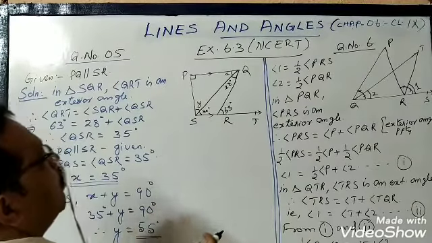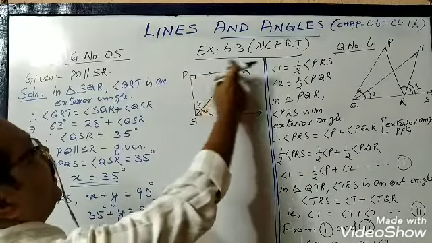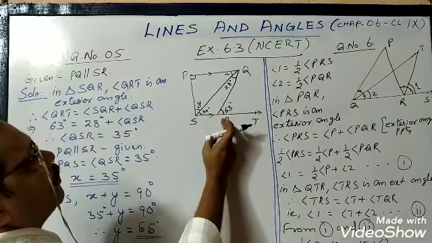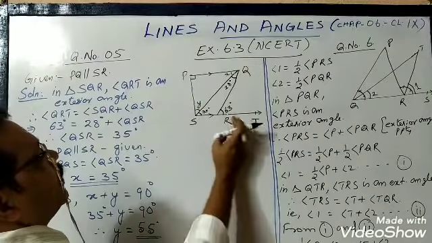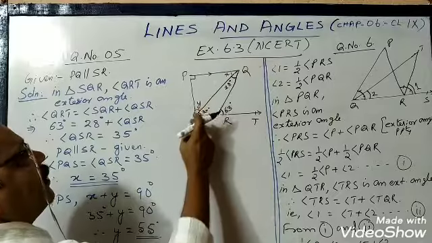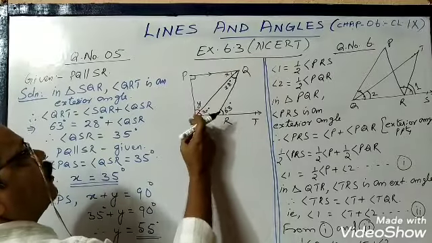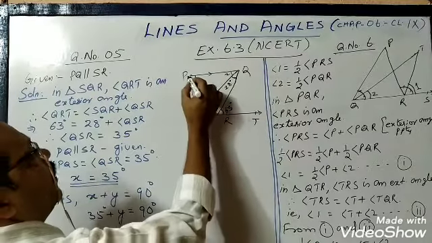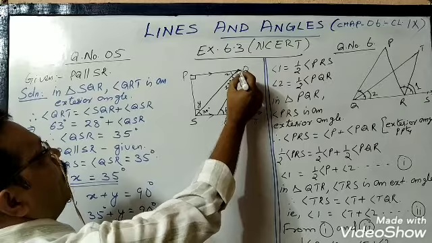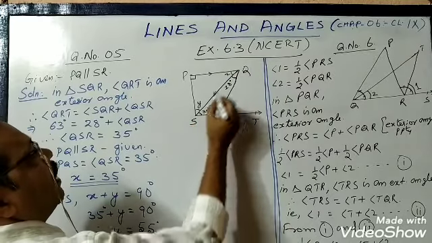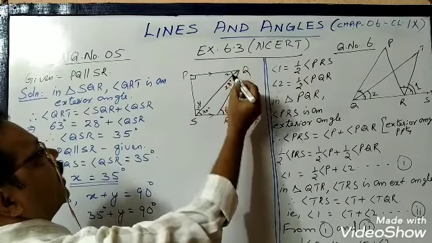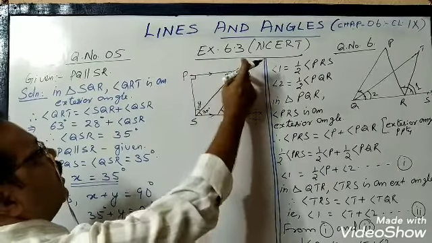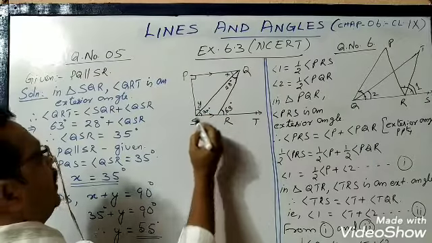Now, you know that PQ is parallel to SR and QS is a transversal. So angle PQS will be equal to angle QSR. Why?